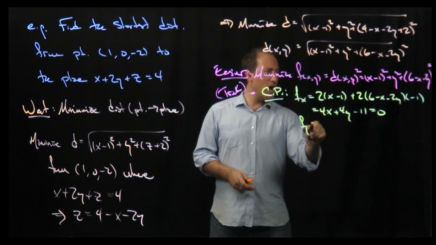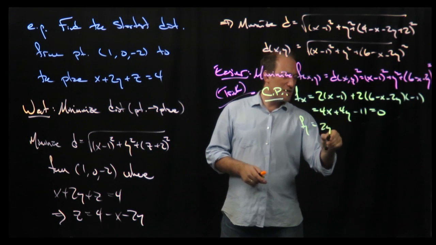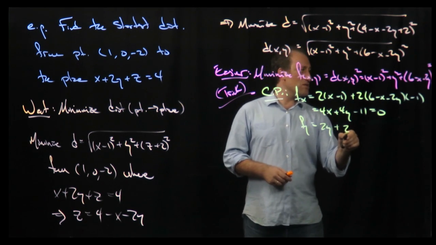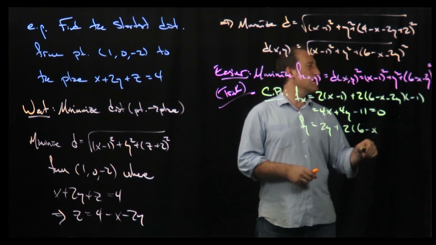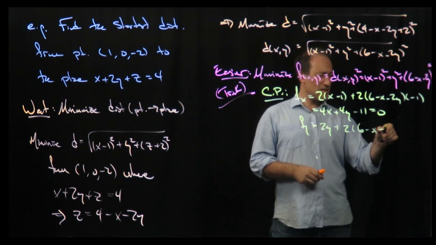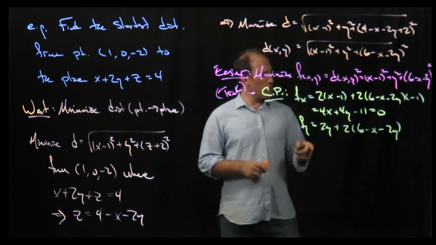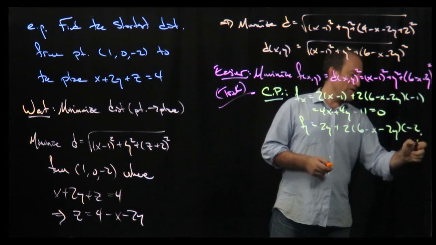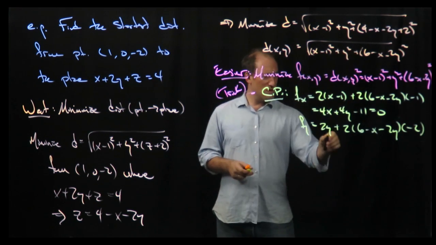And Fy, on the other hand, will be 2y, then plus a 2 times 6 minus x minus 2y, and then chain gets me another minus 2.